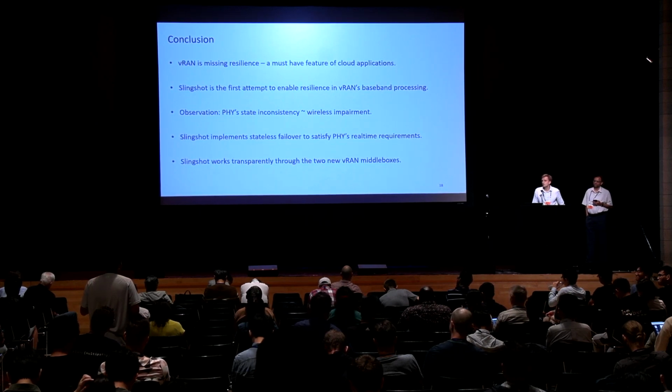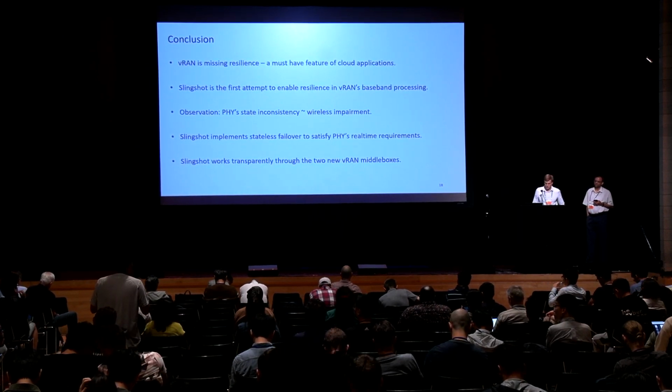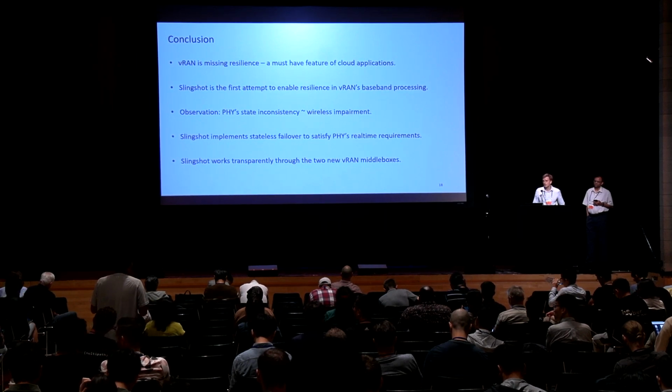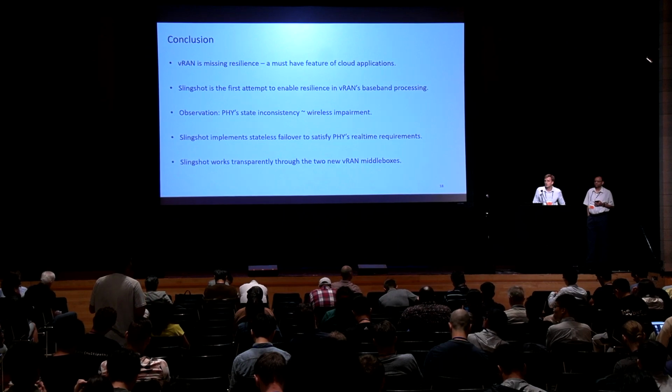And my second question: in your results, you show that TCP is still impacted by the failures. Can you comment on further opportunities that your middle box can buffer and recover some of those errors, to avoid interruption or loss?